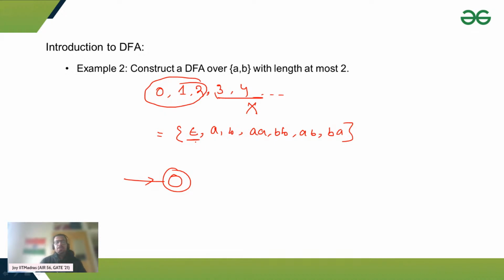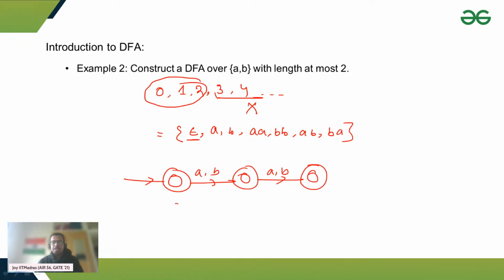Then for length 1, if we are getting only one symbol, that should also be accepted, so we should reach a certain state from where we can tell that this is accepted.